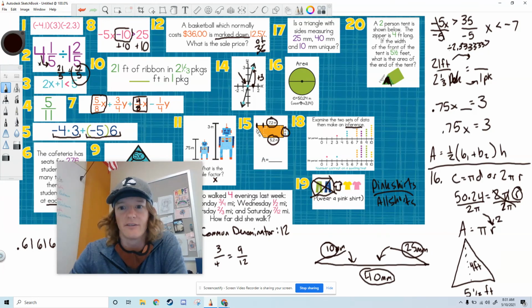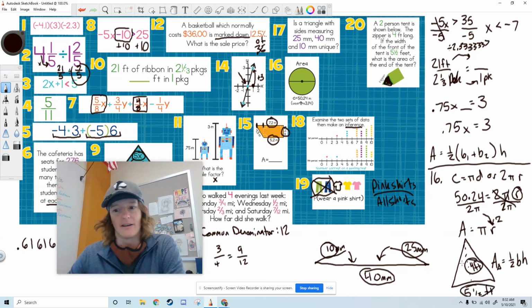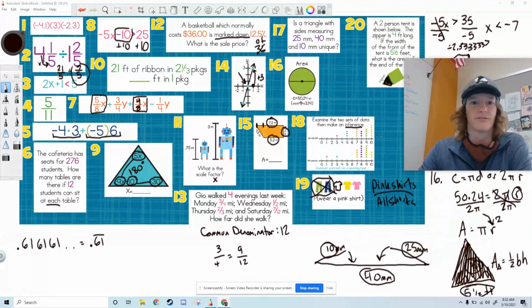What is the area of this base? Well, area of a triangle is pi. No, it's not. Area of a triangle is 1/2 base times height. So do a half, or 0.5, times its base times its height, and you'll have the area of the end of the tent.